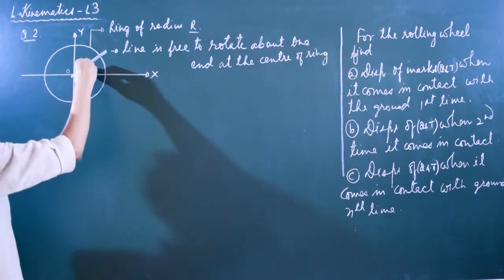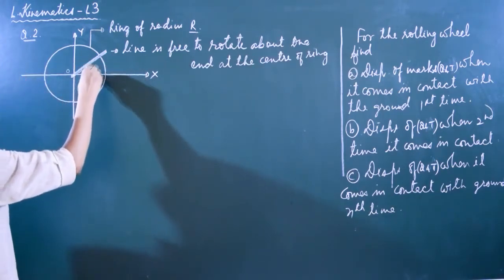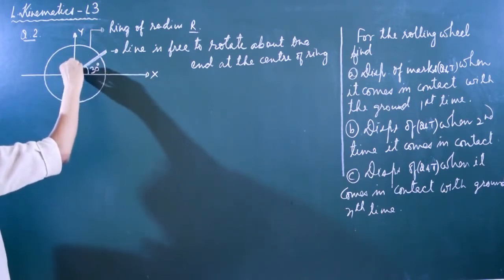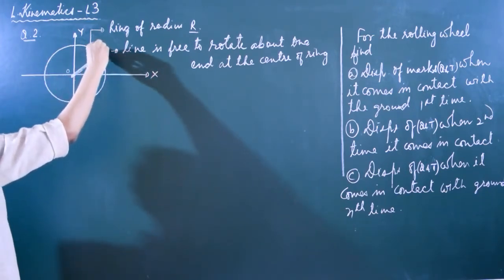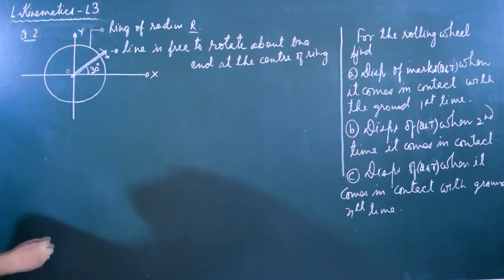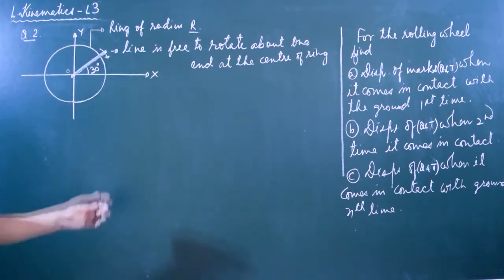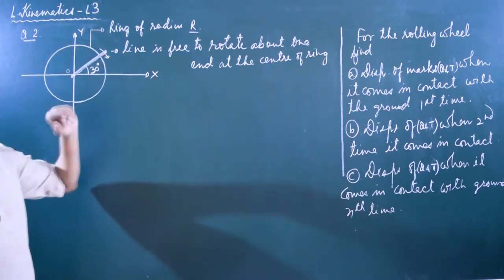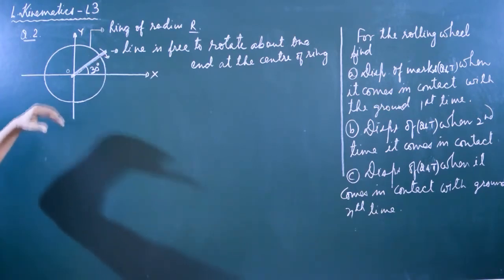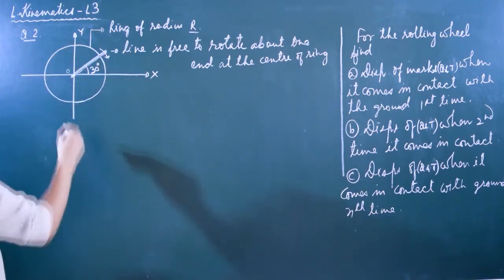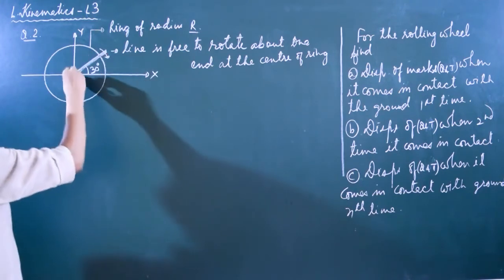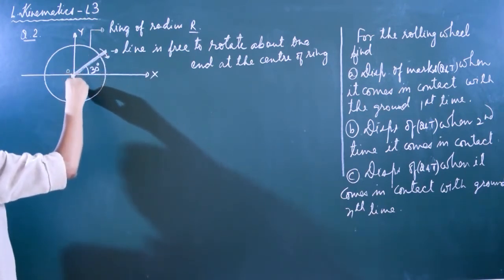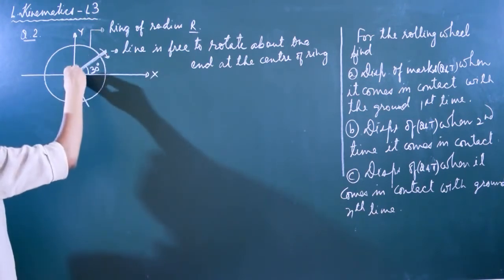Initially this angle is 30 degrees. After some time, it is the position at time 0. After some time, the linear element comes to this position.